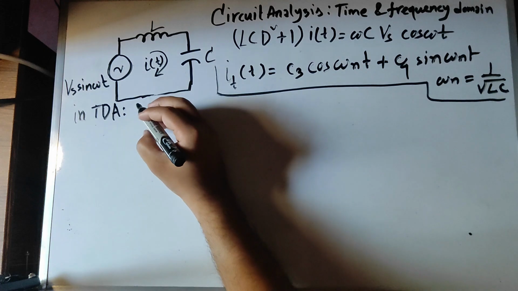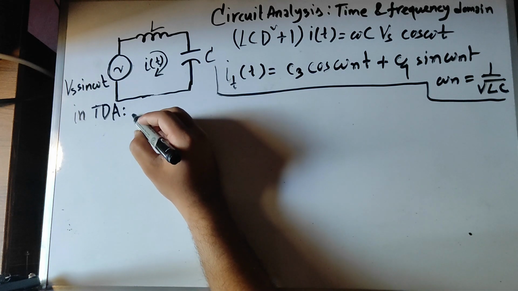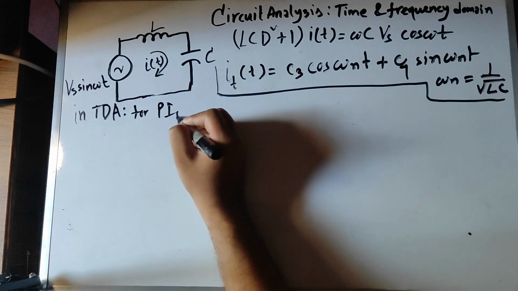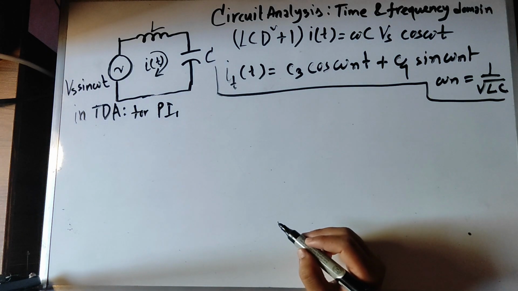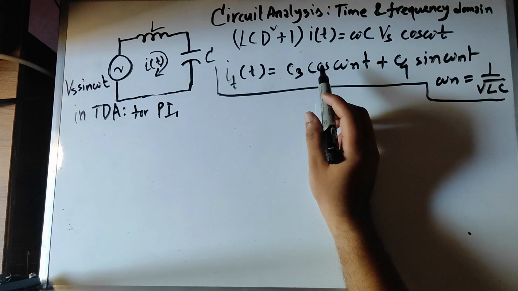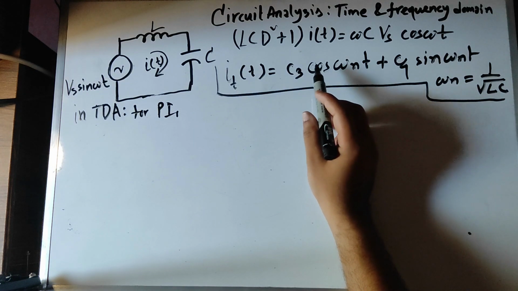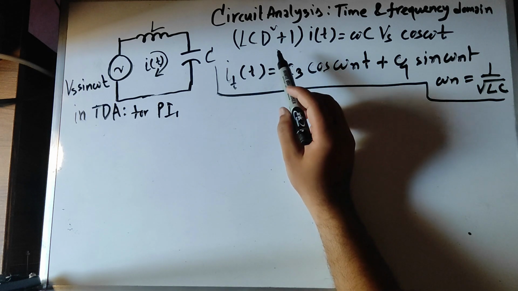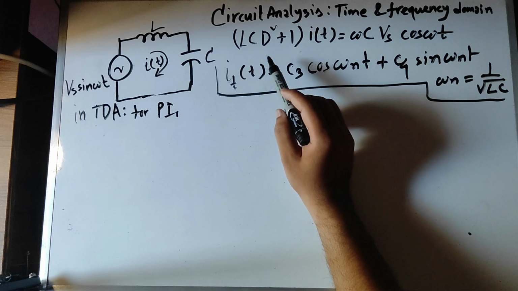The particular integral part, or PI, will give us the steady state response. So we are solving a differential equation, and this is a linear differential equation in which I am using the linear differential operator.